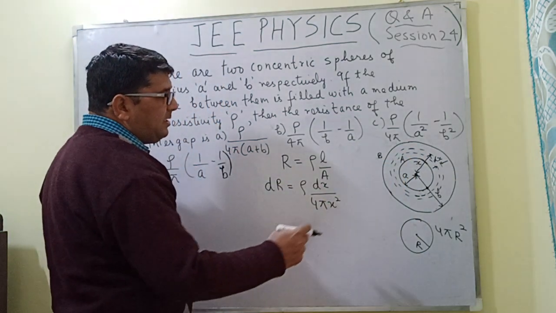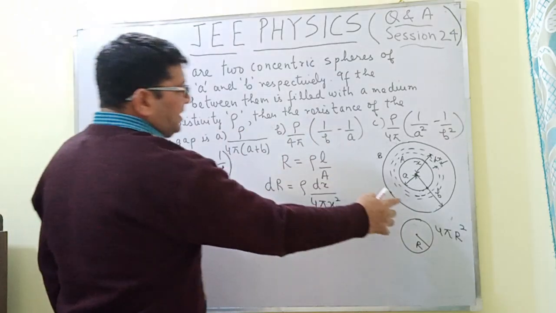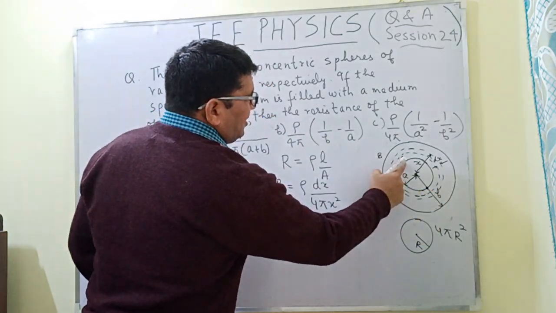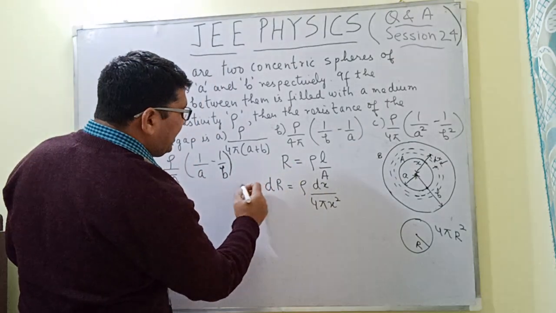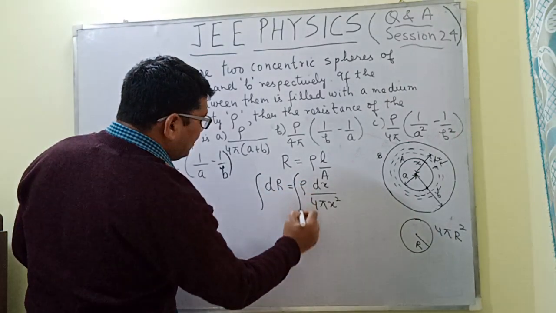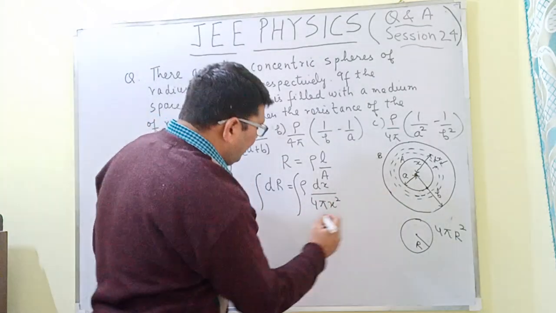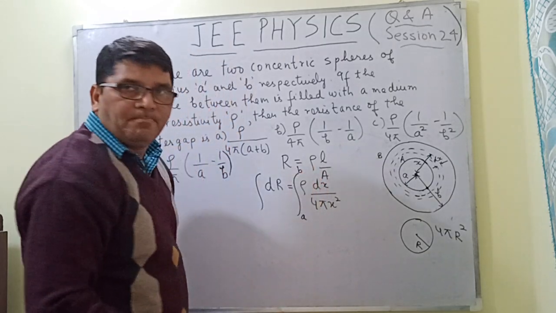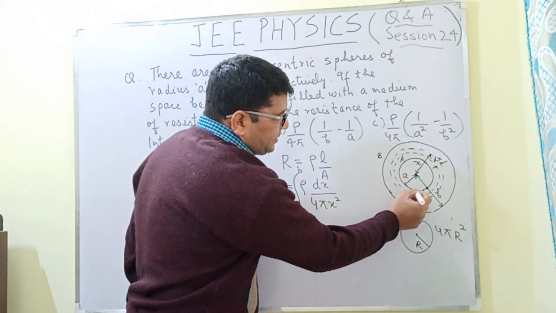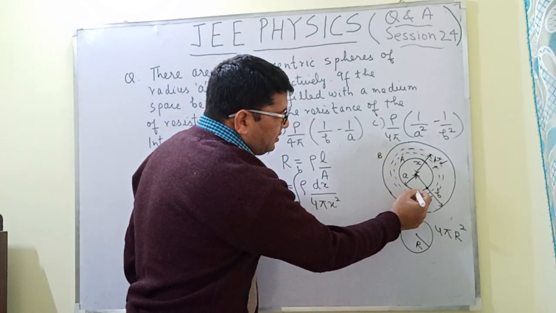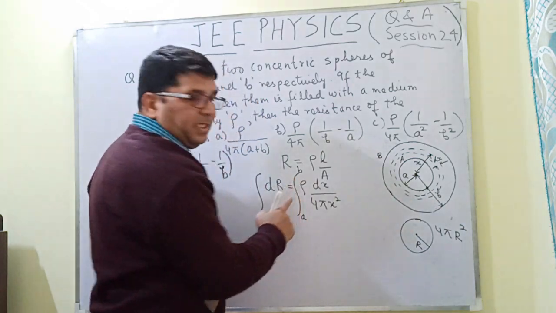Now in order to find the total resistance of this intergap, that is, the gap between the spheres A and B, we have to simply integrate this equation, and the limits for this integration will be from a to b, because we have to find the total resistance of this gap between the spheres A and B. This is the gap, so the limits for integration will be from a to b.